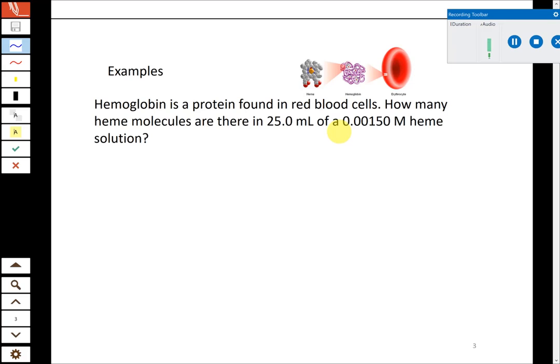Okay, so in the problem we have here, hemoglobin is a protein found in red blood cells, and then heme would be a part of that. So how many heme molecules are there in 25 milliliters of a solution that has 0.00150 molar? And so what we kind of alluded to last time but didn't do any examples with is that molarity now gives us another conversion factor involving moles.